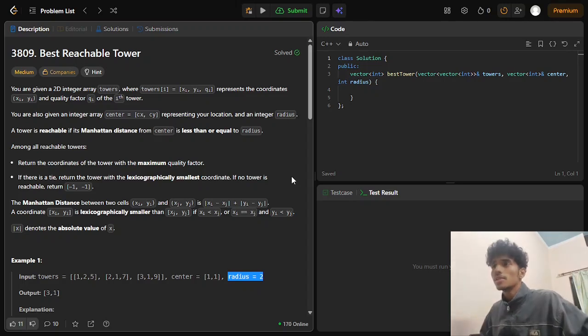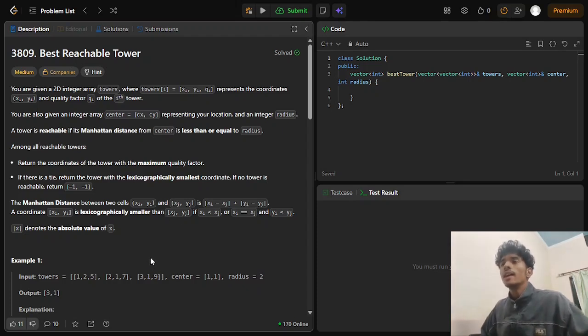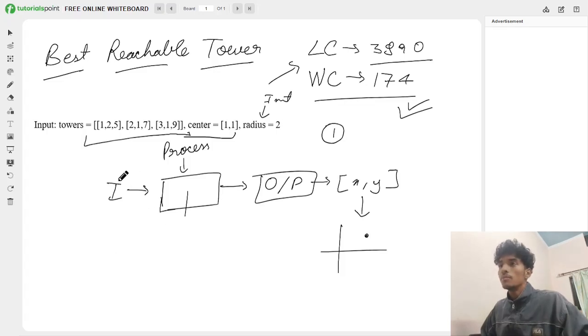Let's go on to the description of this problem. I would want you to read this description thoroughly and understand what the problem asks, what the given inputs are, and what the given output is. I'll just be explaining in brief, and I hope you understand whatever I'm talking about.